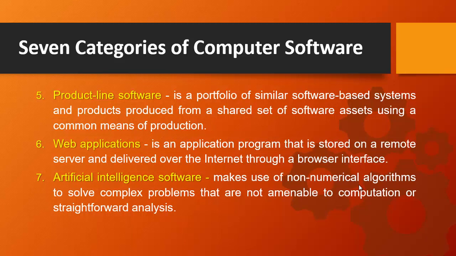Maybe you have heard this. An example of a word processing software is Microsoft Word, spreadsheets like Microsoft Excel, computer graphics, let's say for example Photoshop, multimedia, entertainment, database management, and personal and business financial applications.